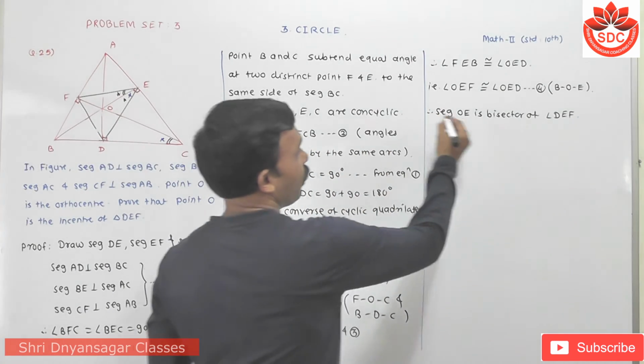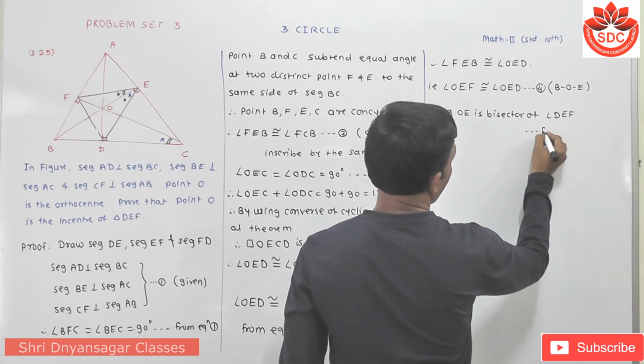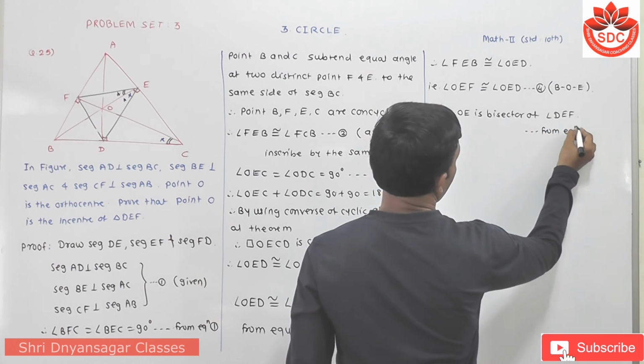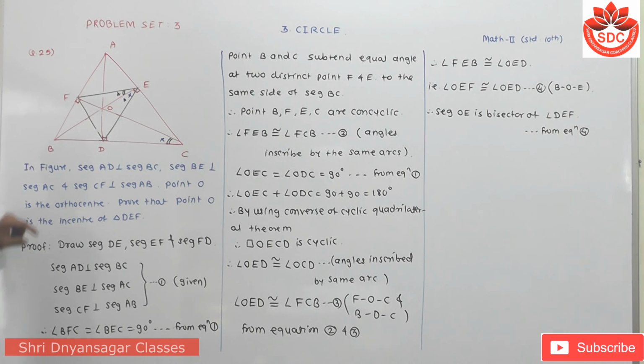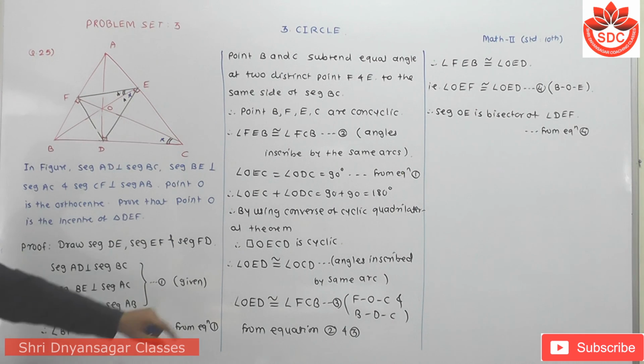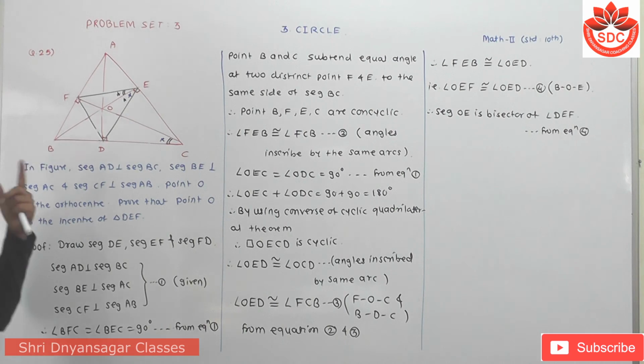This is by using equation 4. Student, similarly, we can show that OD is the bisector of angle FDE and OF is the bisector of angle DFE. By taking all these conditions, we have to prove here.